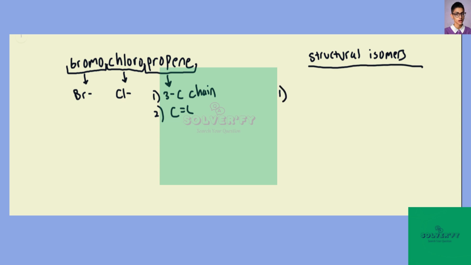The first one I'm going to draw, I'm going to have my base carbon group, and I'm going to put my double bond off of the first one. I'm going to have a carbon there, and put my bromine and chlorine off of the last carbon.